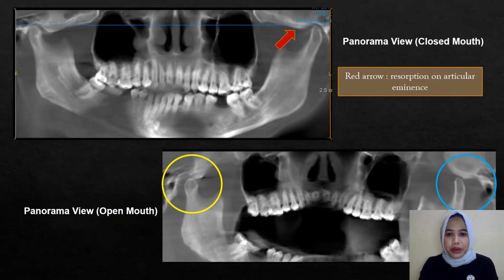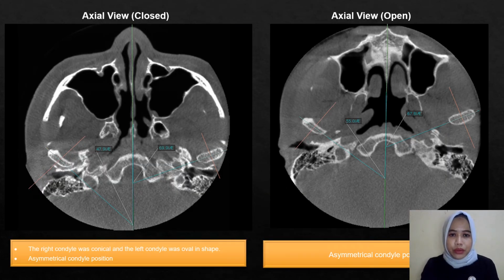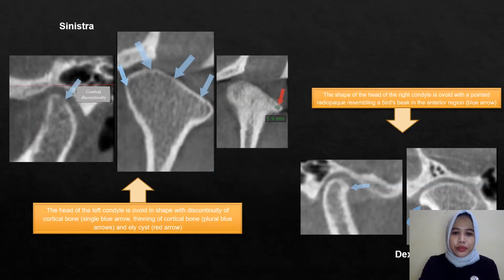From the panorama view, we found some abnormalities of articular eminence and head of condyle. And also from the axial view, we can see that the position of the condyle was not symmetrical between the right and the left. From the coronal and sagittal view, we found that there was a thinning and discontinuity of the cortical on left condyle and right condyle.